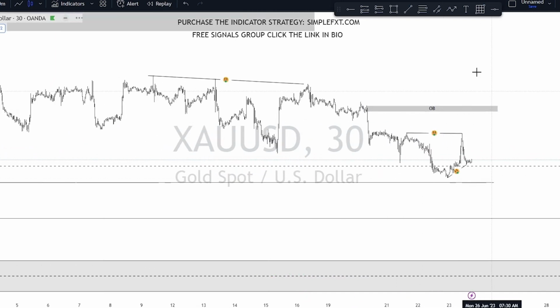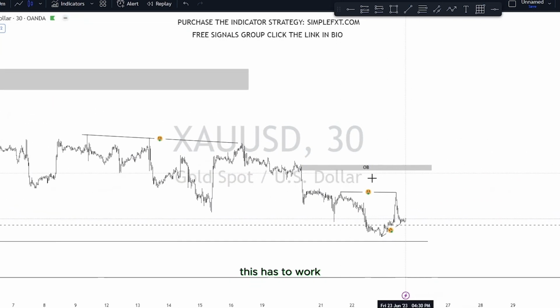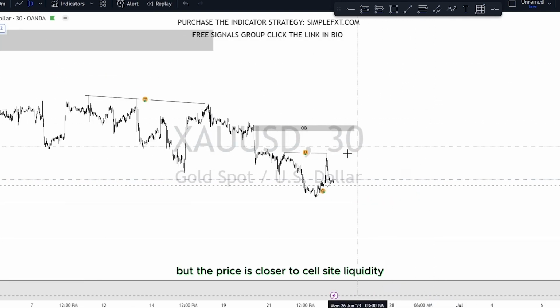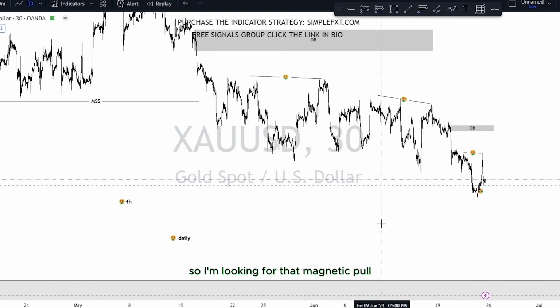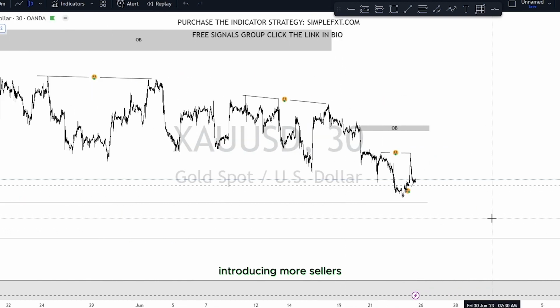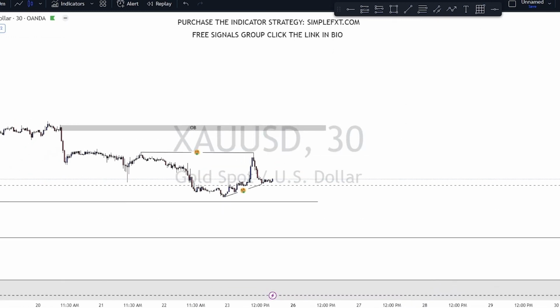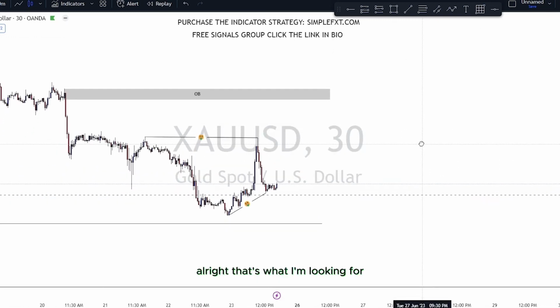At this point, I'm not going to say this has to work, because we still have this above, but price is closer to sell side liquidity. So I'm looking for that magnetic pull to pull price down into these areas, start taking liquidities, introducing more sellers, introducing more liquidity. All right, that's what I'm looking for.